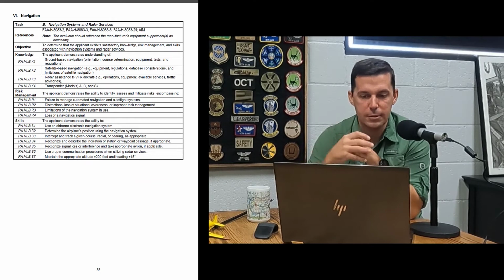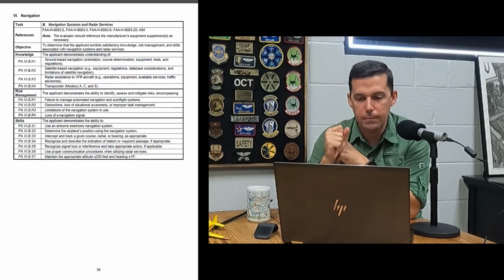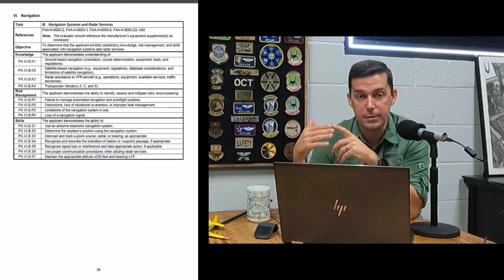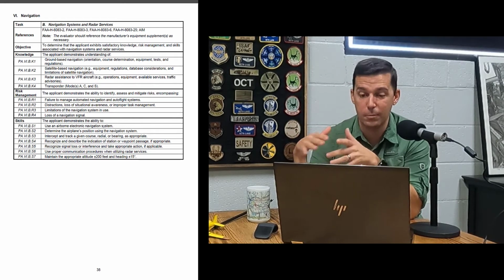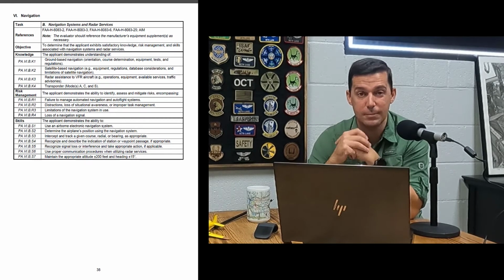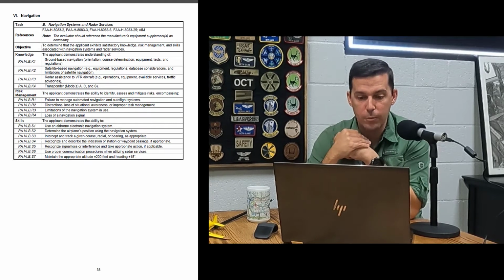So our navigation systems, that's our next one. We're going to use airborne electronic navigation systems. They've kind of opened this up from the PTS, where we had to do a VOR before. Now we just need to use an airborne electronic navigation system. That could be a VOR, right? That's an airborne electronic navigation system, and so is the GPS. So I can use either one of those.